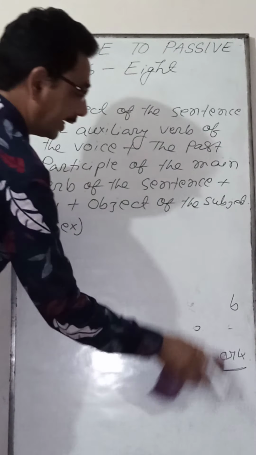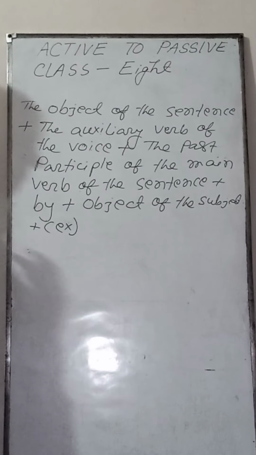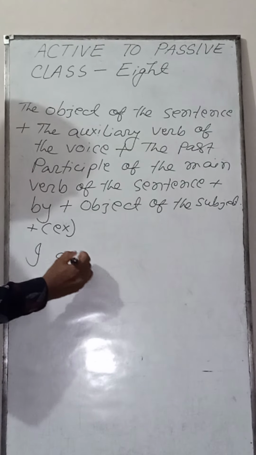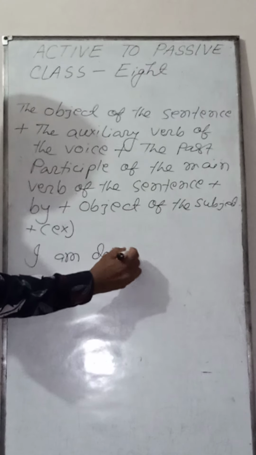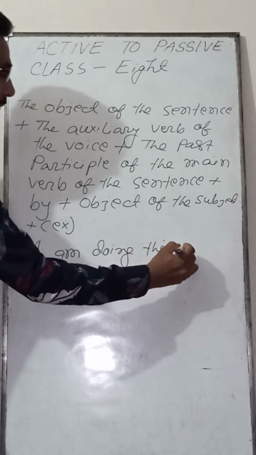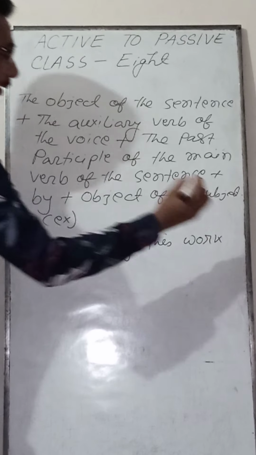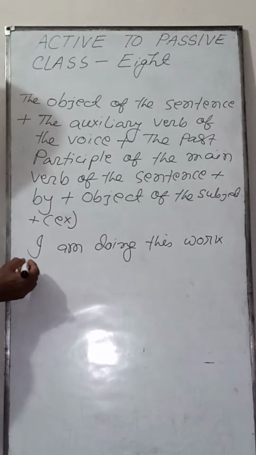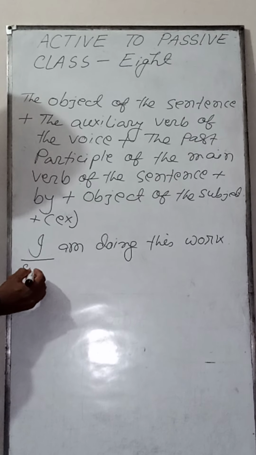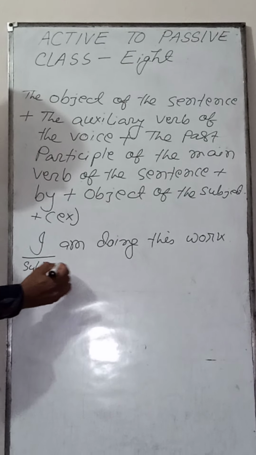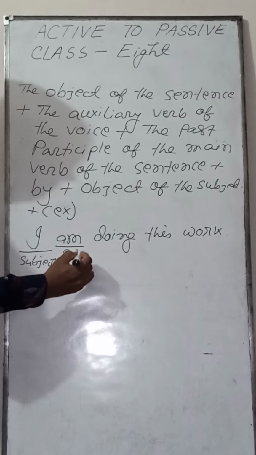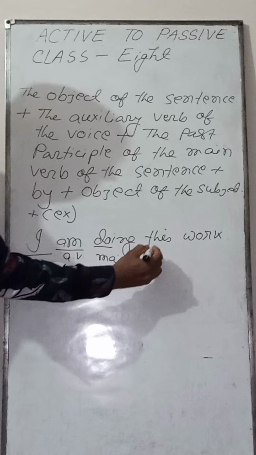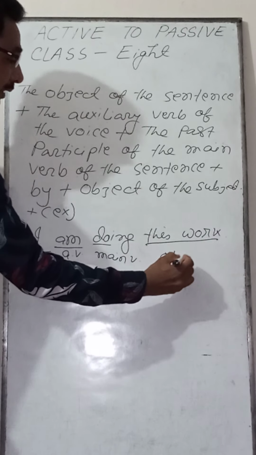Now I am going to change a sentence from active to passive. Here I am doing this work. Here this is the subject, am is the auxiliary verb, do is the main verb, and this word is the object.